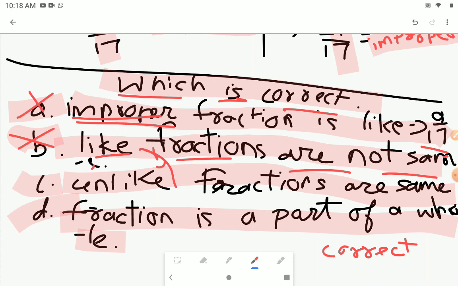Unlike fractions are not same. Like fractions are same. So this also can't be. But this can be: fraction is a part of a whole. Yes, fraction is a part of a whole. This is correct. The correct option will be D.